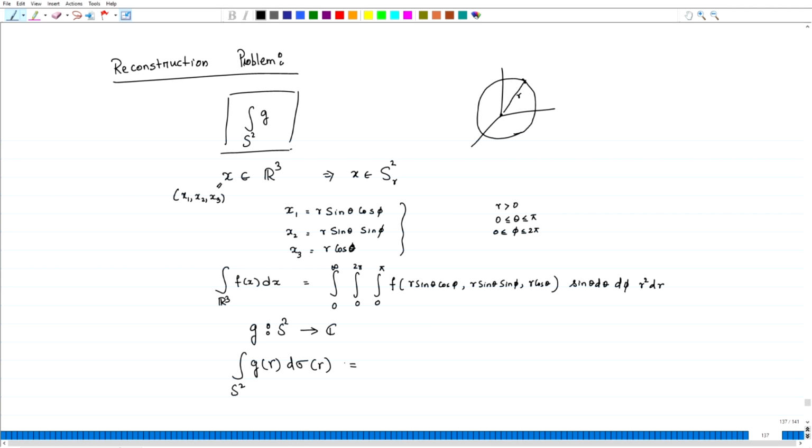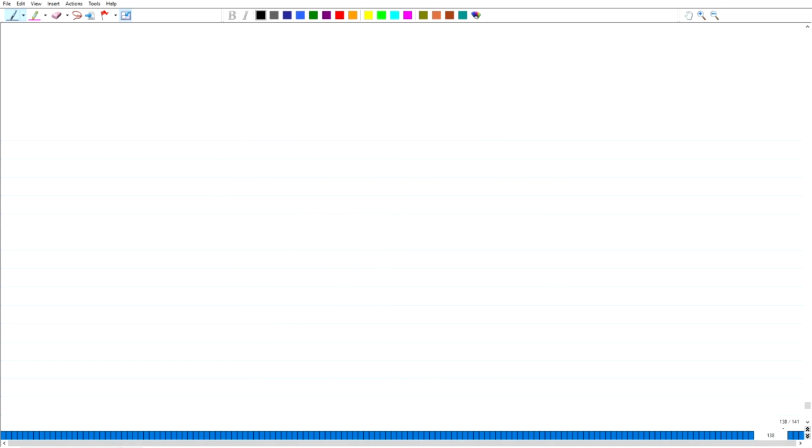By our definition, this is the integral from 0 to 2 pi, 0 to pi of g(gamma) sin theta d theta d phi. This is what our integration over the sphere looks like. This is the d sigma(gamma).